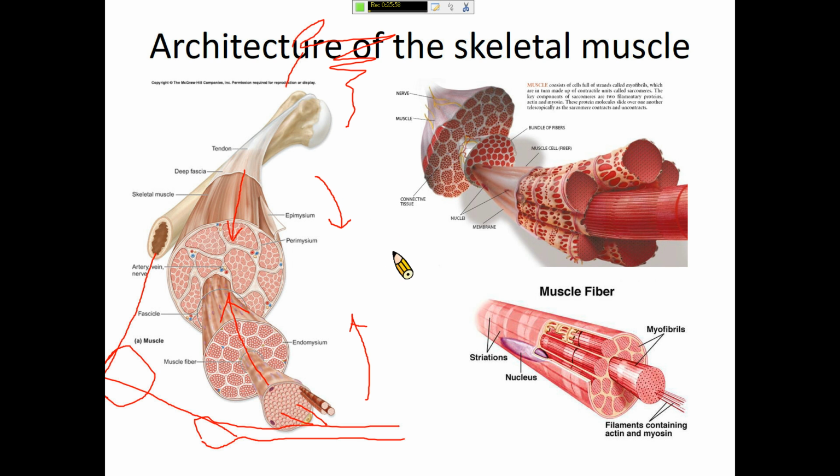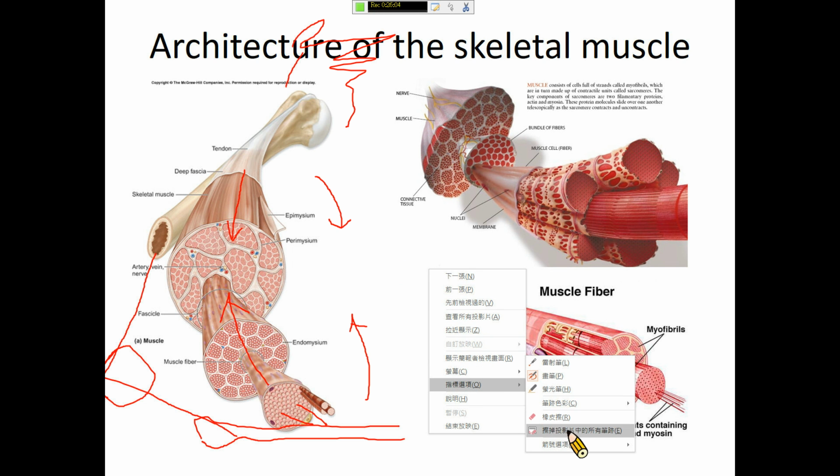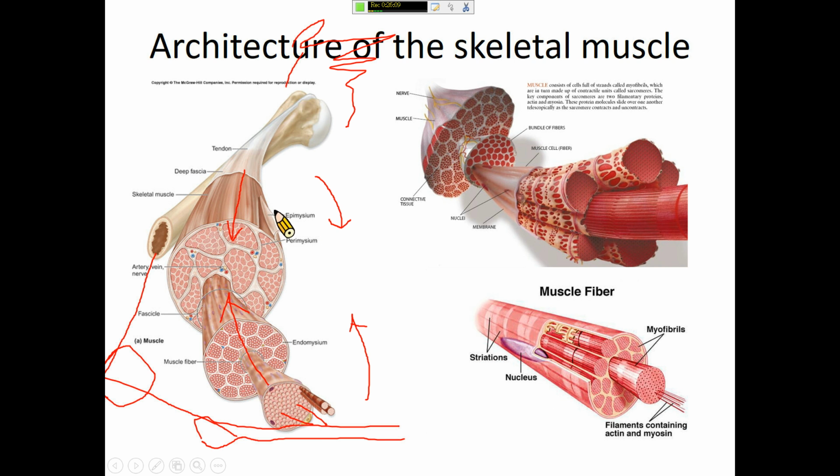And what's going to happen? As you can imagine, the length of this muscle will become shorter, right? So for any muscle connecting my forearm and my upper arm, when you contract, the included angle, the elbow angle, will get smaller.